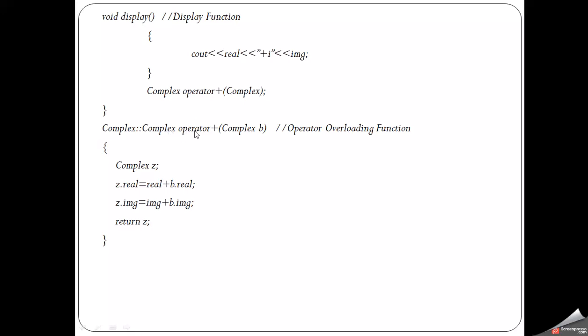The operator is returning a complex object, and the operator to be overloaded is the plus operator, and object B is passed. Now a third object Z is used, and the real parts are added up separately and imaginary parts are added up separately and stored in the real and imaginary part of Z respectively, and Z is returned.